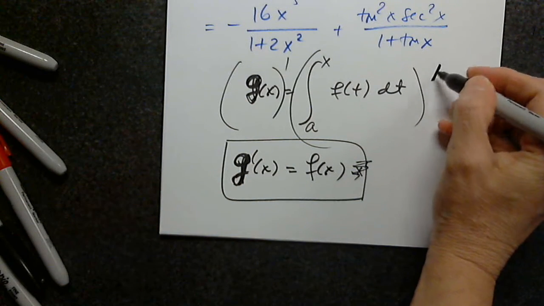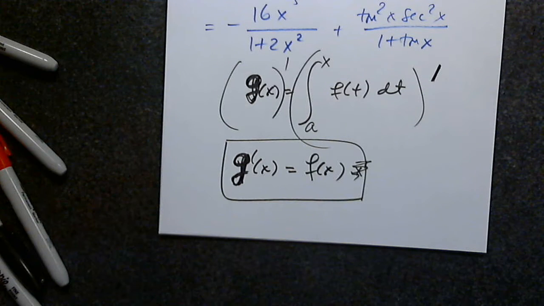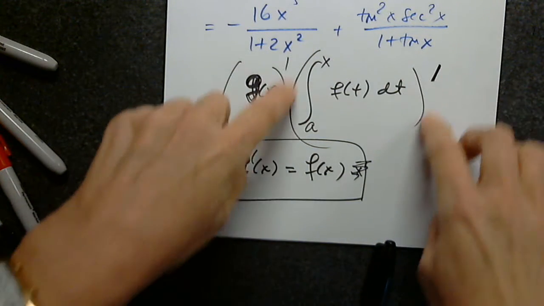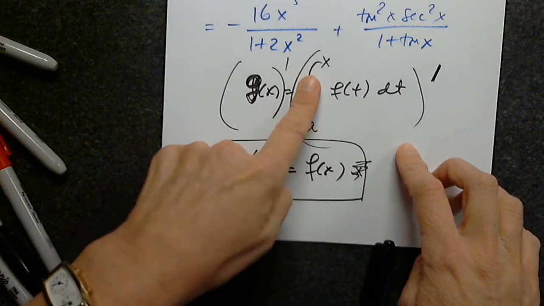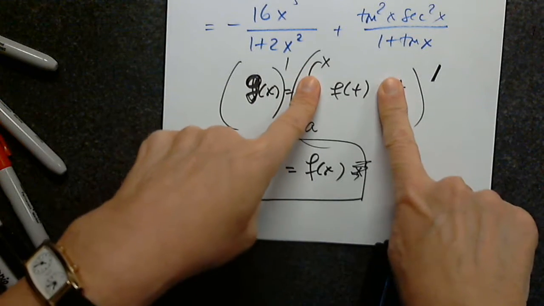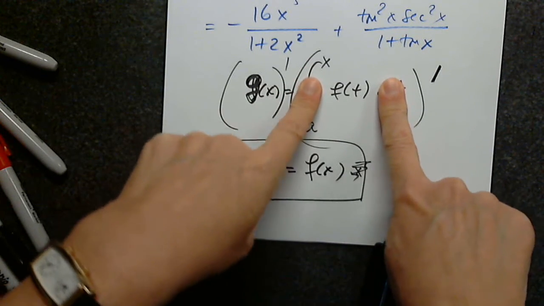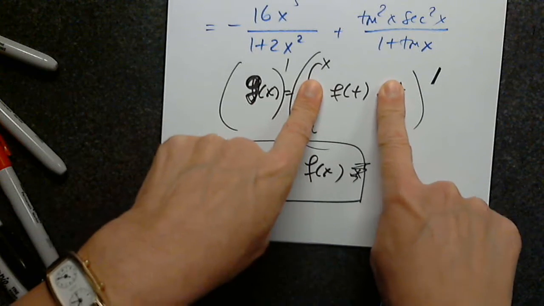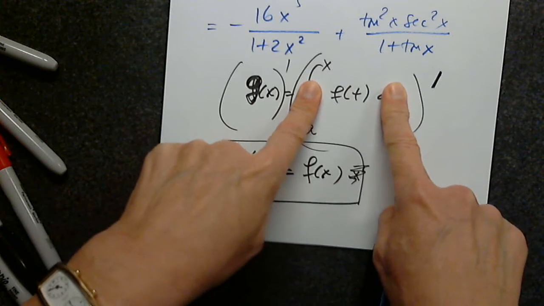So no. Fundamental theorem of calculus part 1 shows that differentiation and integration are inverse operations. So if I differentiate an integral, the integral disappears, but it must disappear with dt.